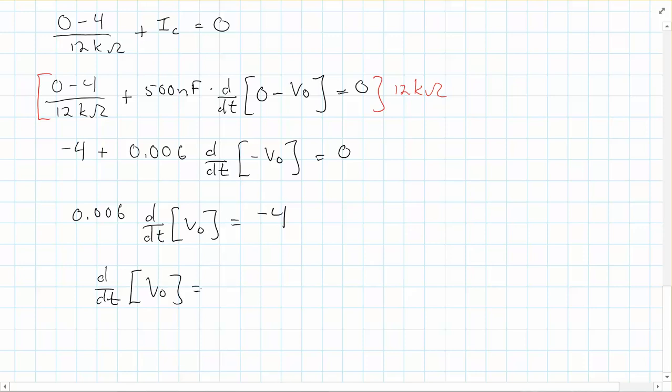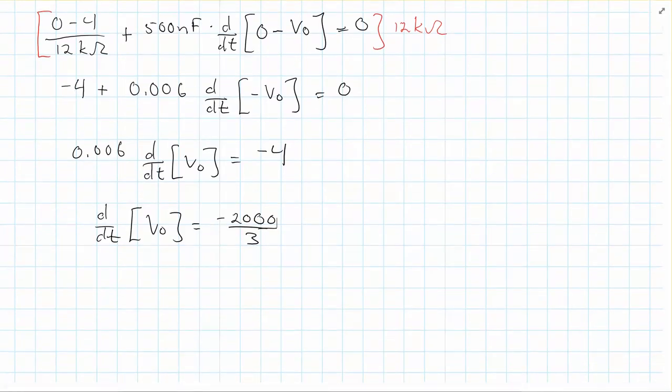I'm going to go ahead and write this as a fraction. It gets you -2000 over 3, which is, of course, -666.6666. So we'll say -2000 over 3, just to keep some things accurate right now. And then we just solve this.